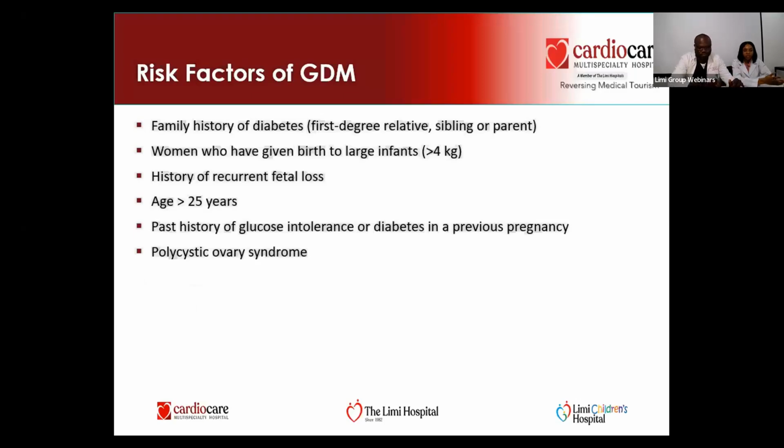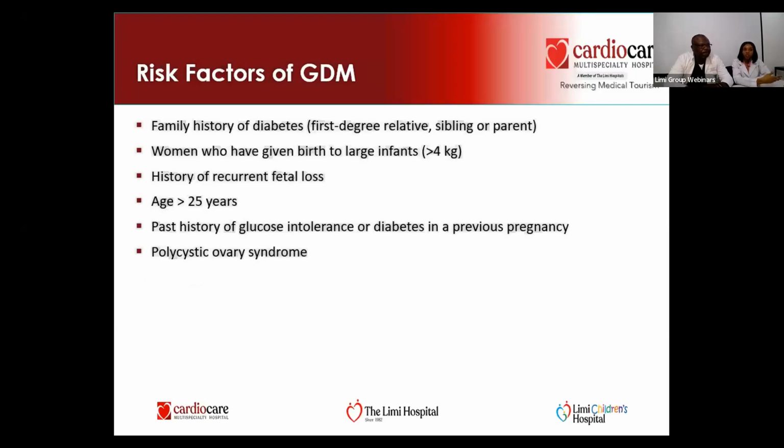So what are the risk factors for gestational diabetes? There is the family history of diabetes in a first degree relative, a sibling or a parent. There's also women who have given birth to large infants, that's children weighing greater than 4 kg.